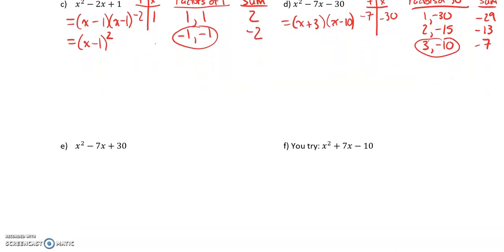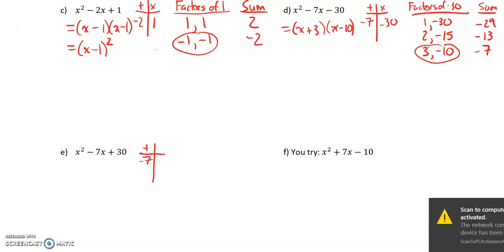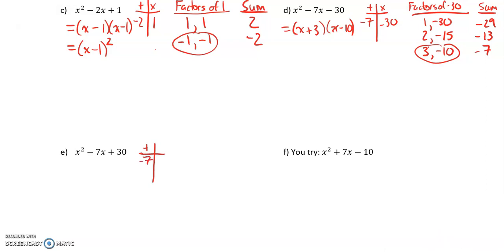All right, well, this next one looks very similar to that. I'm going to keep the other one up there so we can see that and refer to that. In this case, we're trying to find two numbers that add to negative 7, but before we had multiplying to negative 30, and this time we're going to multiply to 30. And so we're going to have to find two numbers that multiply to positive 30, not negative 30.